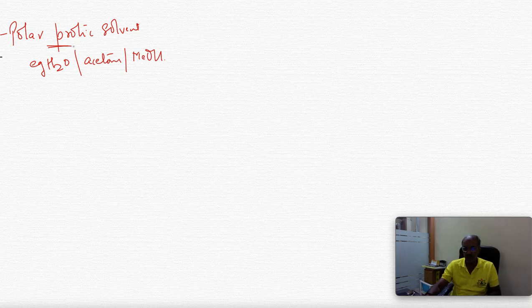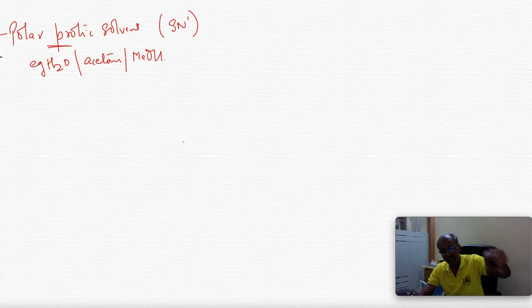So a polar aprotic solvent is a must in SN2, as I told you in the previous lecture, but in SN1 strictly polar protic solvent only, because prior to addition of the nucleophile, the polar protic solvent will stabilize the carbocation. The more stable the carbocation, the more easily the reaction will happen, right?